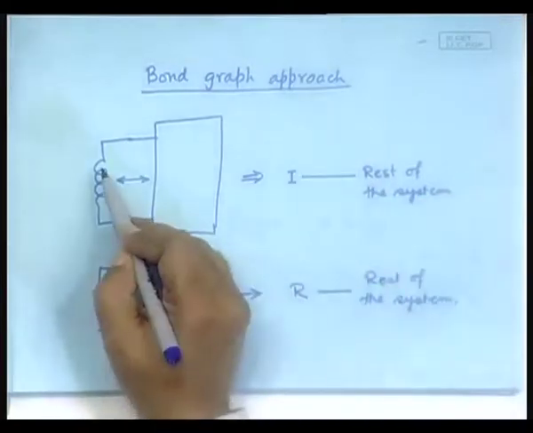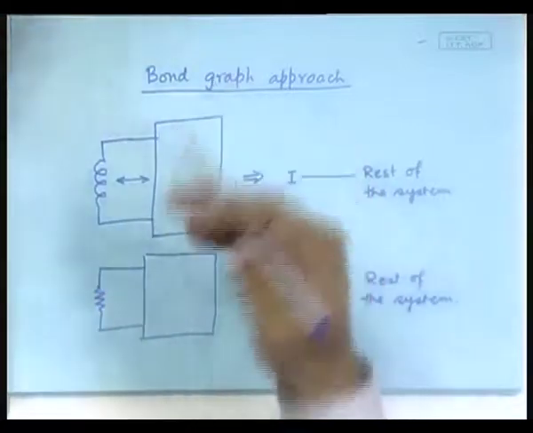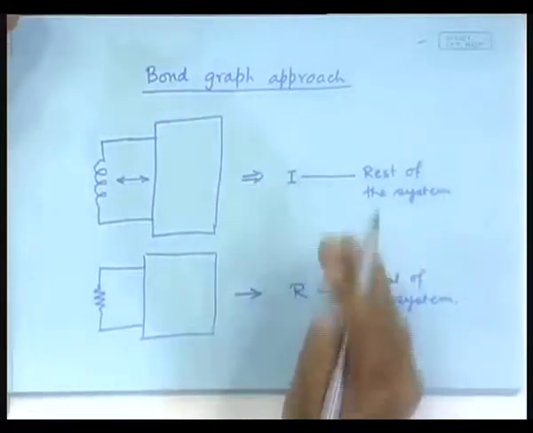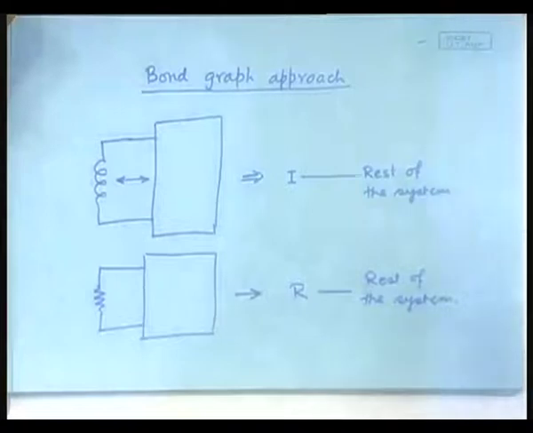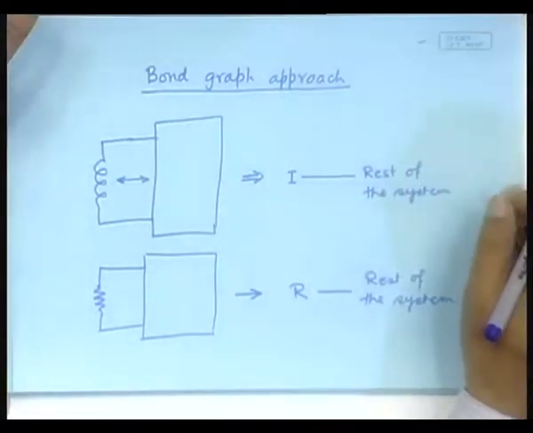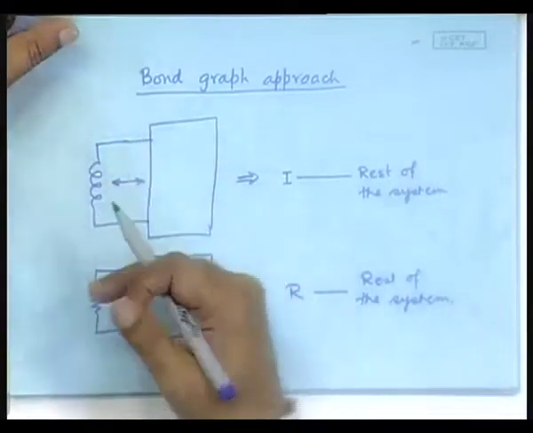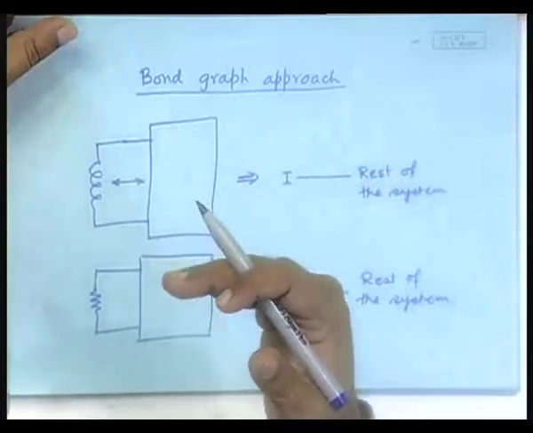We are not showing the actual connection of the circuit, rather we are abstracting it to say that this I element is exchanging flow and effort information through this bond with the rest of the system. Okay. Similarly, for the capacitor, even the source of effort and flow.